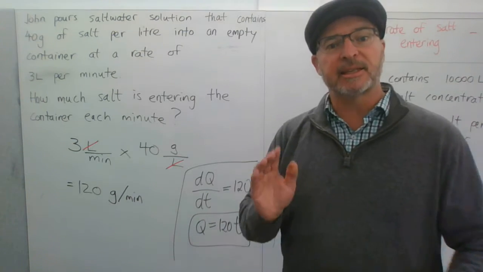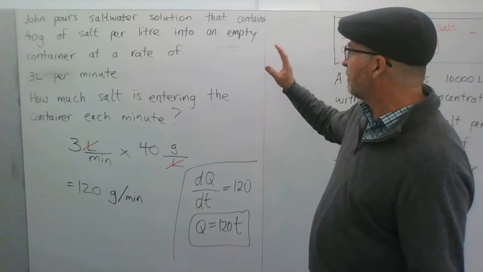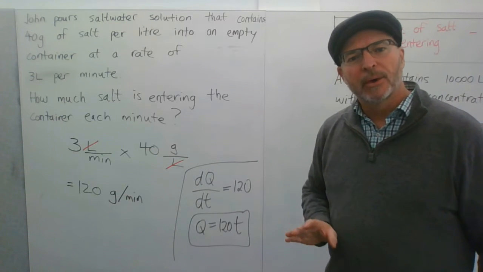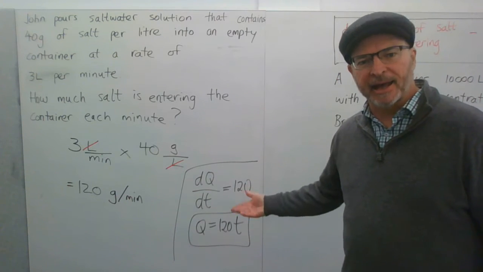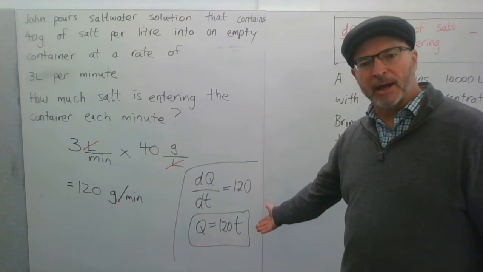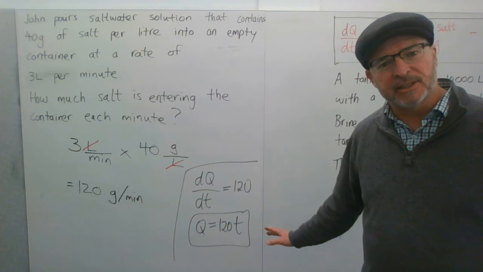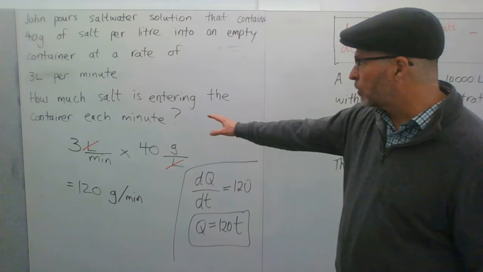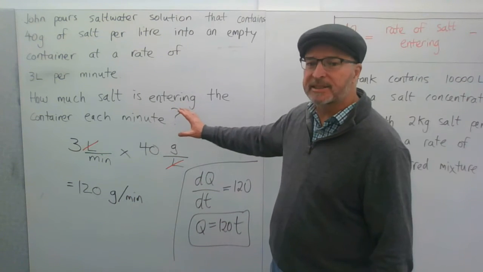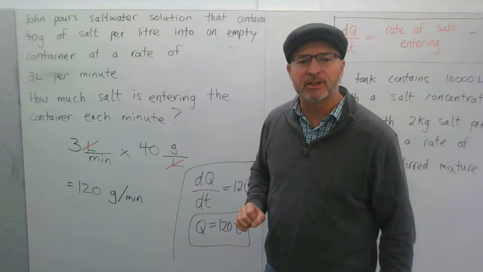Now, of course, there's the constant of integration, but it was an empty container, so it would be 0 at the start, and I would end up getting C is 0. Therefore, that's my answer for the amount of actual salt in the system at any time. Of course, the question was just wanting to know the step before that, how much salt is entering the container each minute.